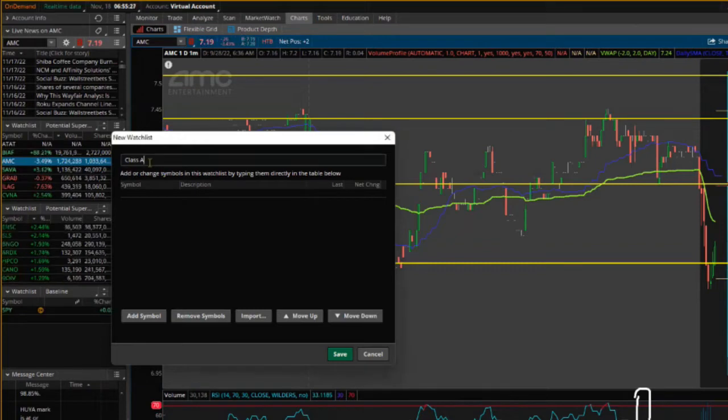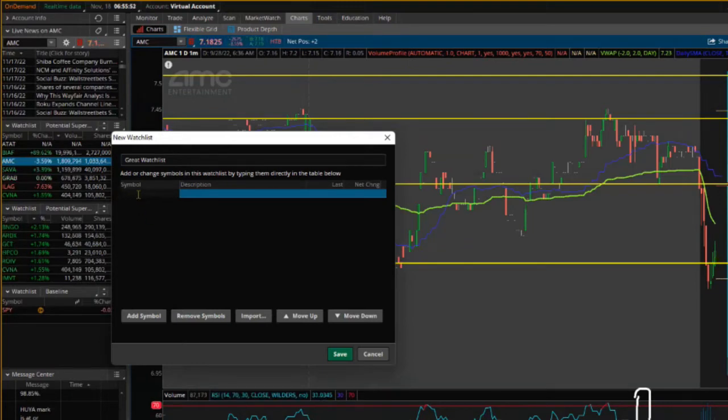Now, once you type in new watch list and you name your watch list, whatever you're going to name it, you can enter symbols here on the side where it says symbol. You just click and it's going to open up this little flashing text.